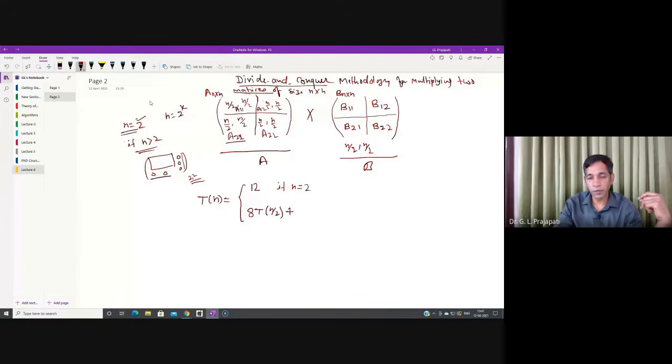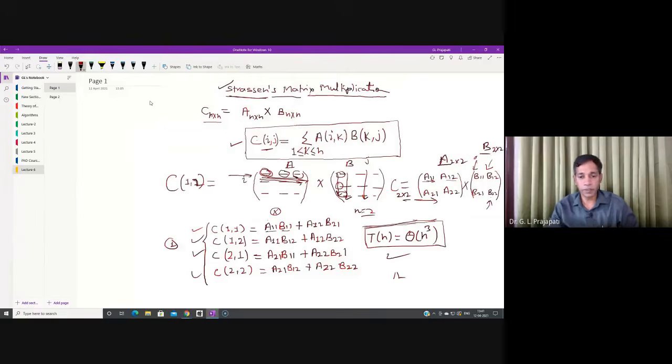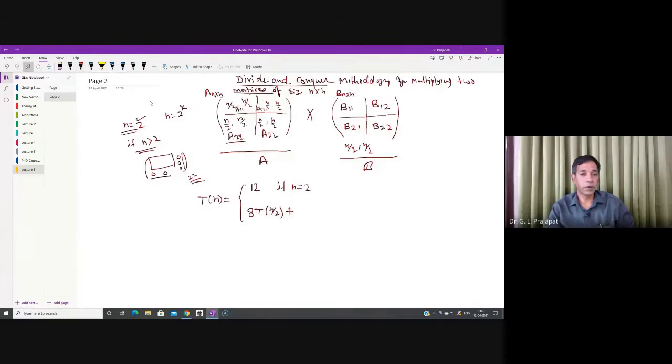Plus, once you have obtained these, you need to combine. For combining, how many additions do you require? After the 8 matrix multiplications, you need to combine. Now this is not an element, it is a matrix of size n by 2, so you need to have 4 additions. And if you want to add matrices of size n by 2, how many additions do you require?